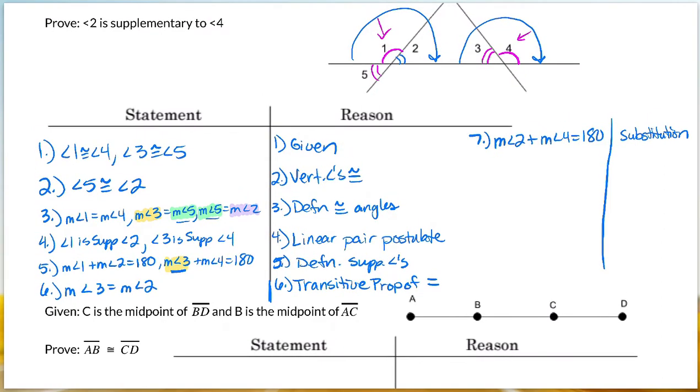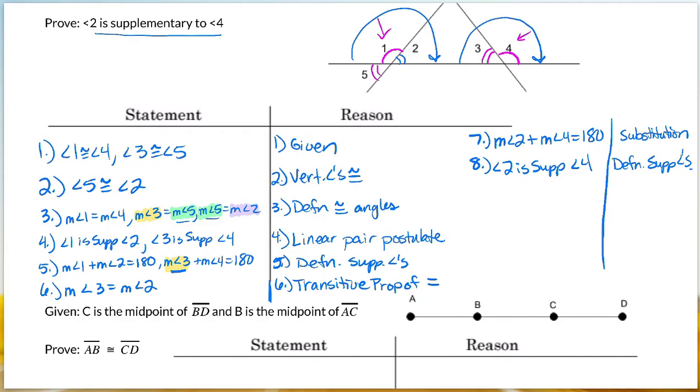And then our last step, now that we can see that 2 and 4 add to 180, and our goal is to get 2 and 4 to be supplementary, this is what supplementary means, so we're able to now go ahead and say that they are supplementary. And this is by the definition of supplementary angles.